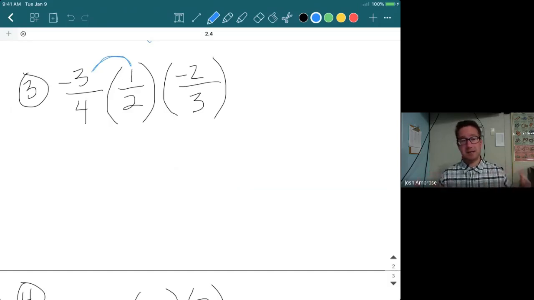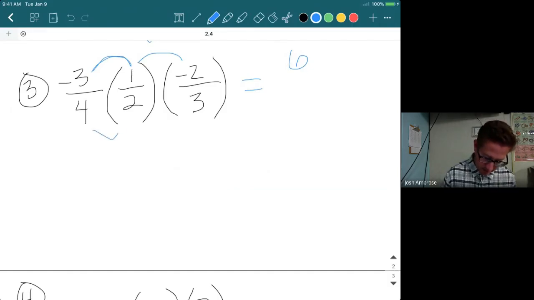Okay, in fact, anything times 1 is just itself. Then let's multiply negative 3 by a negative 2, which will create a positive 6.